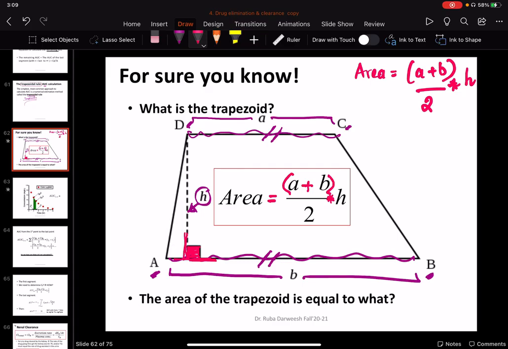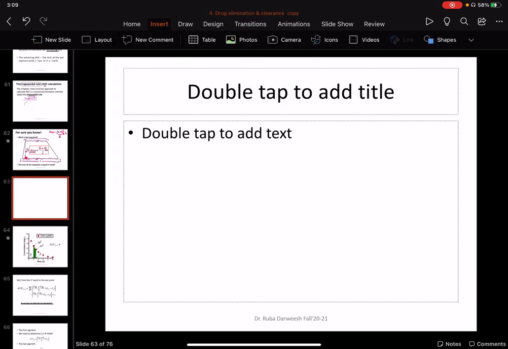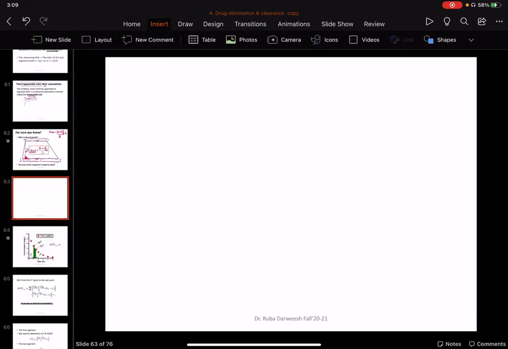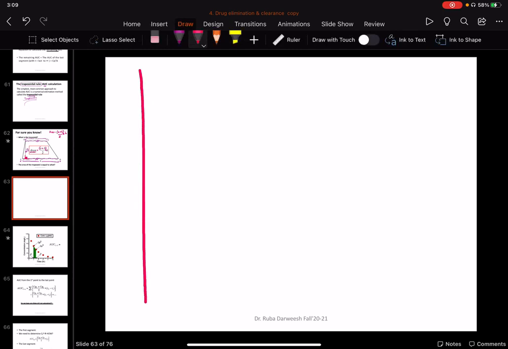Why do we call it the trapezoidal method? How will we use the area of the trapezoid to determine the area under the curve? What we will do is we will have our profile. Let's draw a large profile, concentration in the plasma versus time.